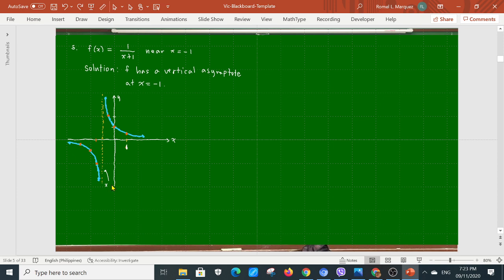Where will I write that? I can't draw this one. This is x equals negative 1. Let me write it clearly: x equals negative 1. That line.